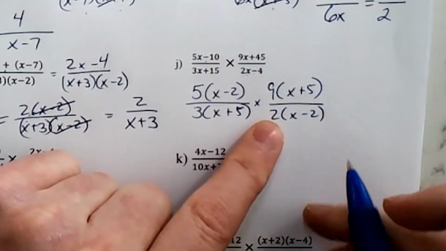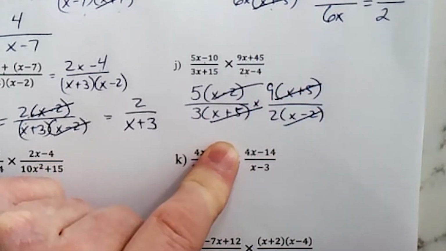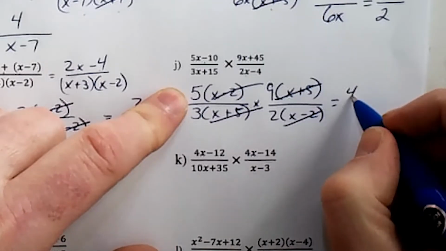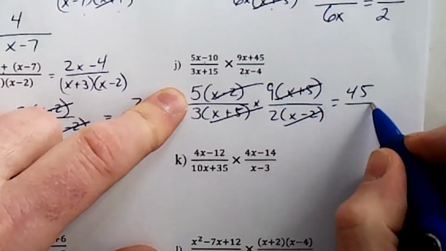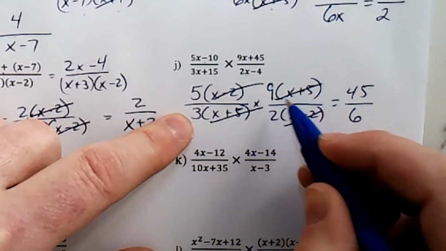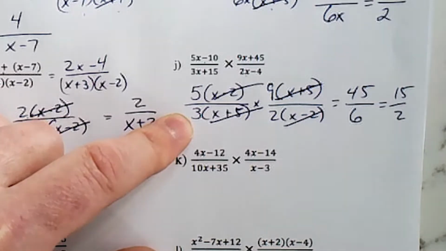And what we see is now we have matching binomials. So on top I have 5 times 9, 3 times 2 on bottom. And 3 goes into both top and bottom. Divide by 3. Simplify.